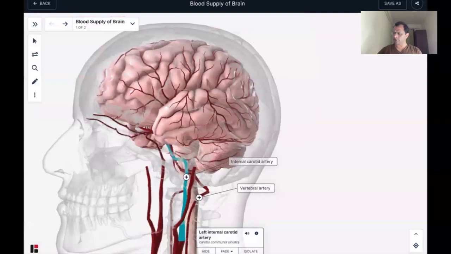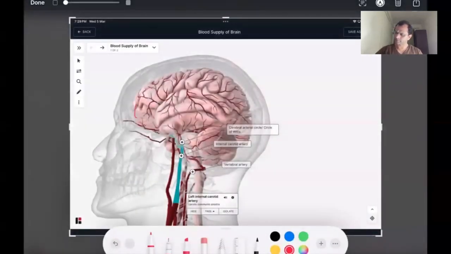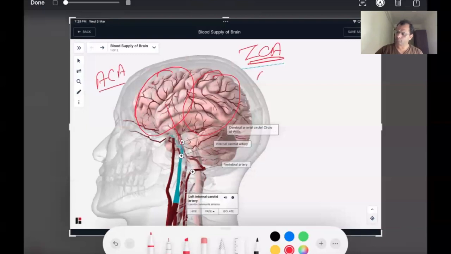The internal carotid artery supplies the anterior part and middle part. In the anterior part there is a branch, anterior cerebral artery, and in the middle part there is a branch, middle cerebral artery. Okay, so we have to remember this.